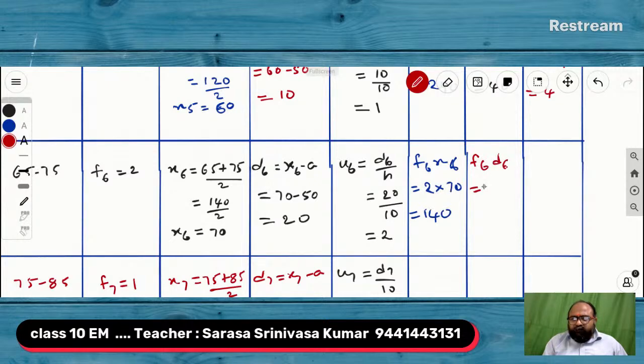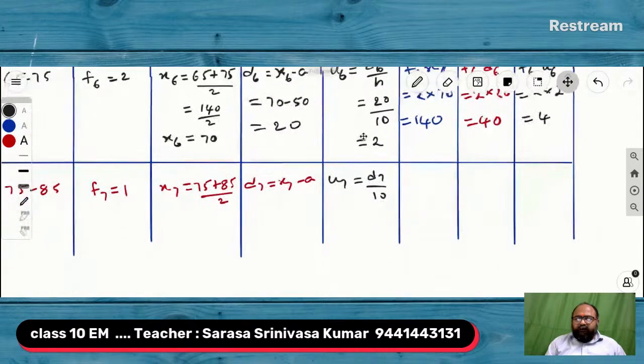This is equal to 2 multiplied by D6 is 20. Therefore, this is equal to 40. Now we calculate F6 U6. This is equal to F6 is 2, U6 is 2. So we get the product 4.